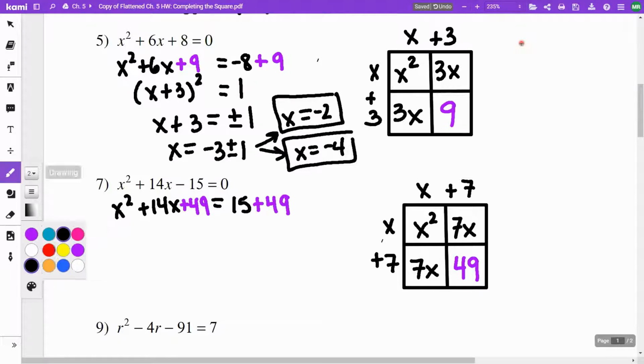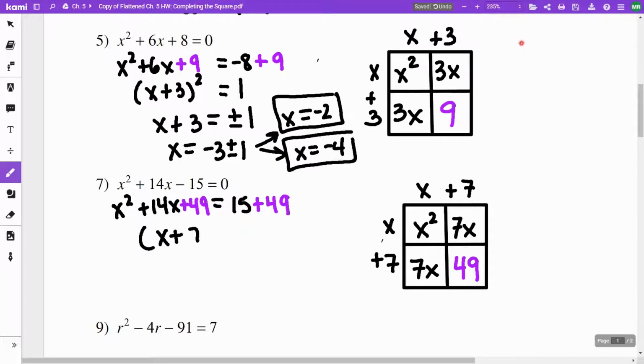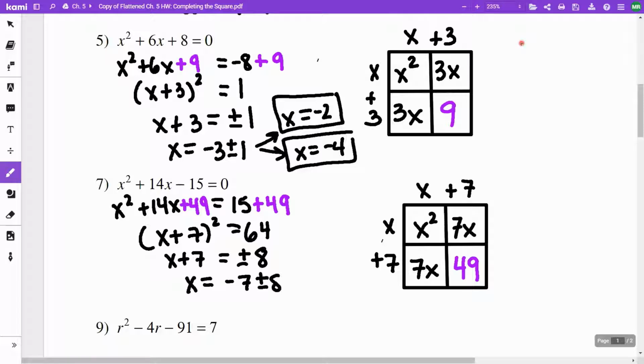So I am going to have x plus 7 squared is equal to, and I'm going to end up getting a 64 here. So I'm going to get an x plus 7 is equal to positive and negative 8 when I square root. So x is equal to negative 7 plus or minus 8.